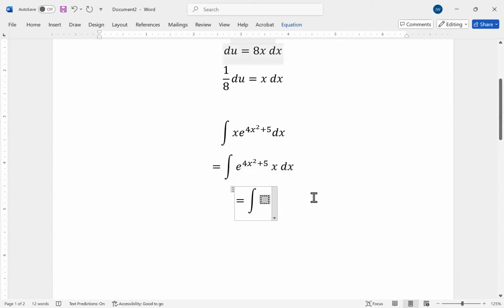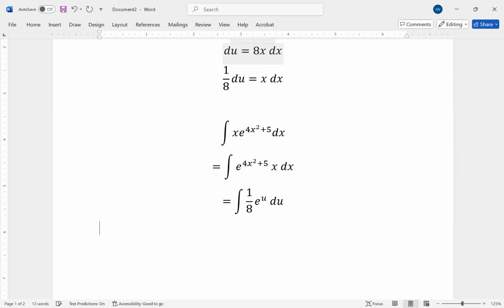So that's e to the u. x dx is 1/8 du. I'm just going to pull that 1/8 out front, and I'll place it as the coefficient of e to the u instead of putting it in between the e to the u and du.